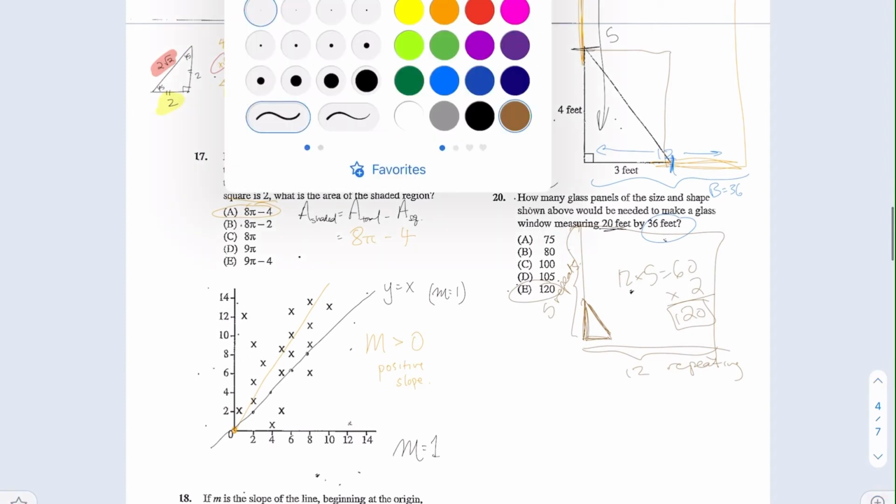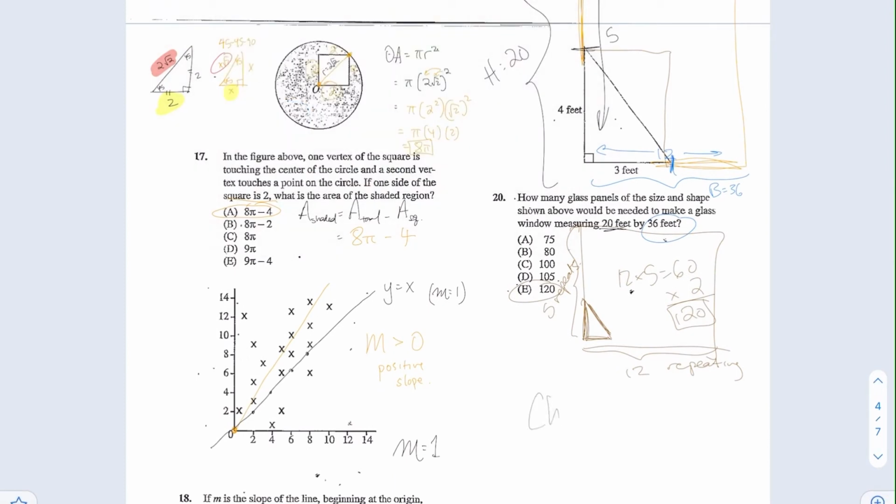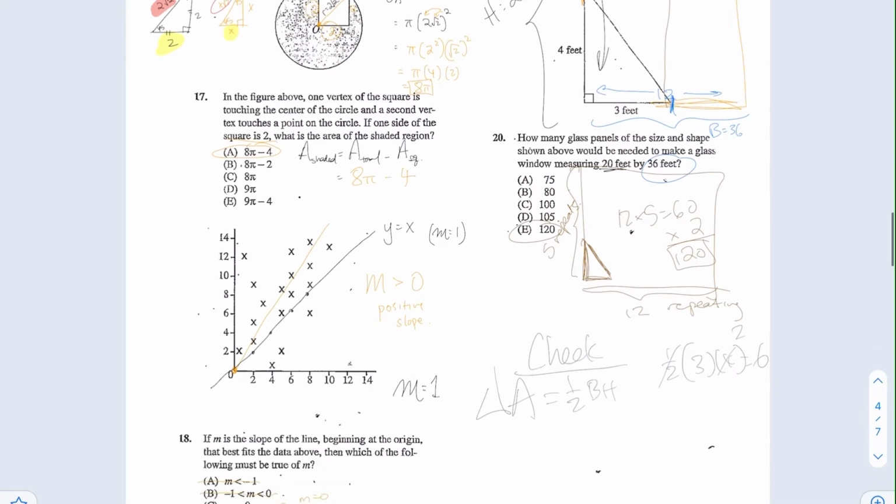Now we can check our work by doing the area. So remember, for triangles, the area is 1/2 base times height. So it's going to be 1/2 times 3 times 4, which is equal to 6. Now for the really big window, it's 20 by 36.